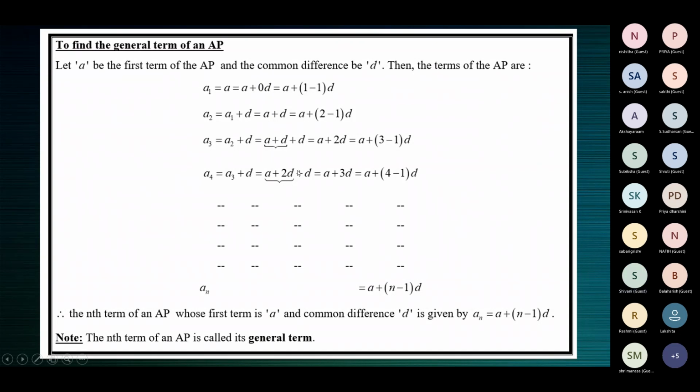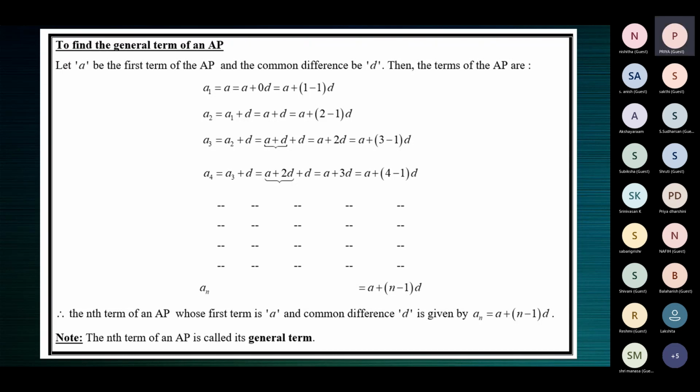Children, you have to tell me if we understood the derivation of this formula to find the nth term of the AP, or we have to discuss. Do we need to discuss this? We already discussed this derivation.